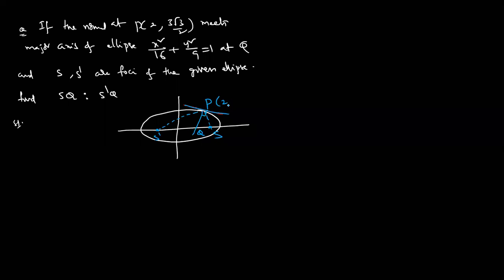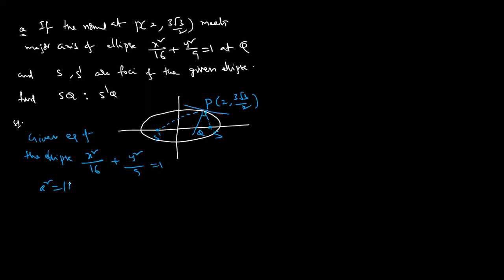P is given as 2 comma 3 root 3 by 2. Then how to simplify? Write down the given equation of the ellipse, x square by 16 plus y square by 9. First of all, find the focus, ae comma 0.